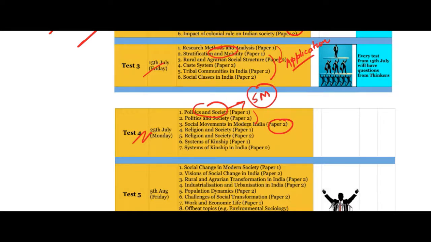So it is better to study the paper 2 social movements also simultaneously, so that the theories of social movements and the stages of social movements that you read in paper 1, you should be able to apply to social movements in India, the tribal movement, women's movement, caste based movement, etc. Are you able to relate them to paper 1 theory or not? That will be tested in this test.